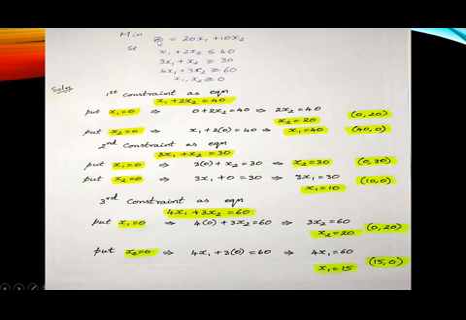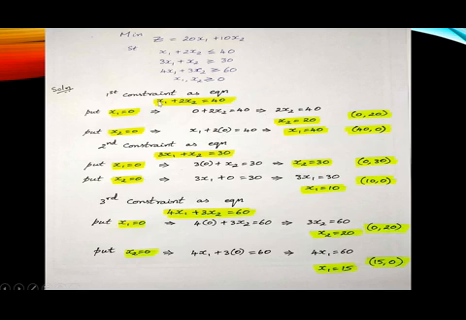So the minimization case: z = 20x1 + 10x2 subject to the constraints. As in maximization, in minimization also I have to consider the constraints as equations and generate the coordinate points.